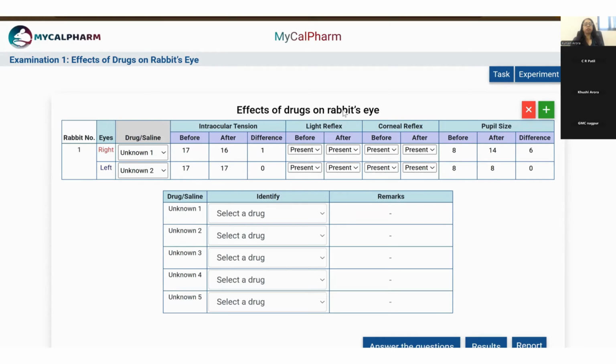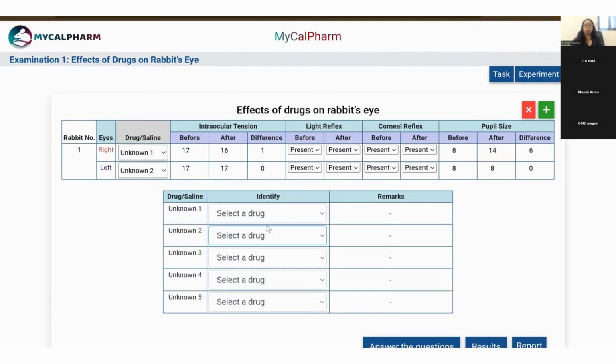By checking what exactly the intraocular tension difference, light effect and corneal effect are, here we have to choose what exactly unknown one will be. Any guesses you can tell, or the student will be able to identify which particular drug is unknown one. And from here again we have to choose what exactly the drug in unknown 2 is.